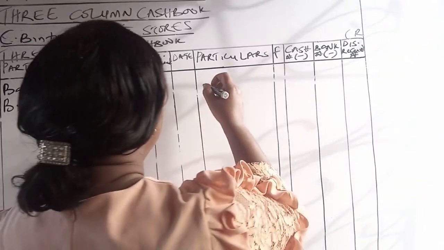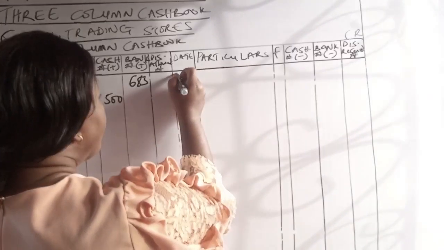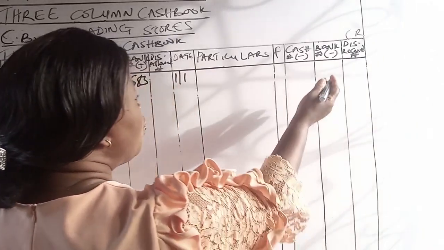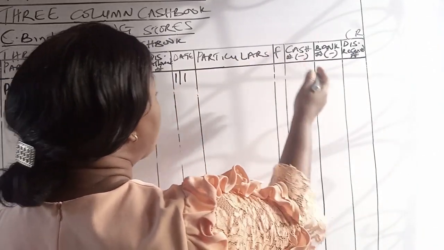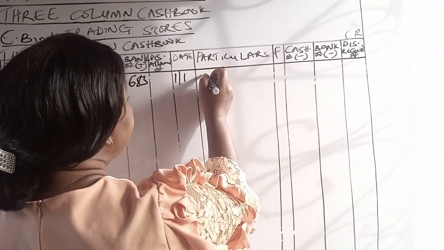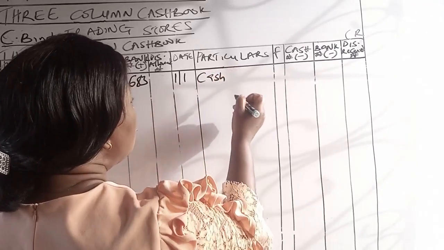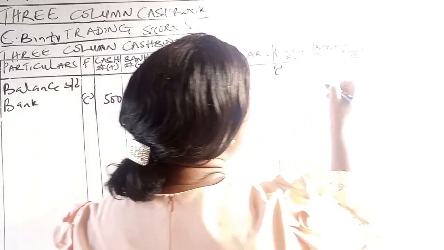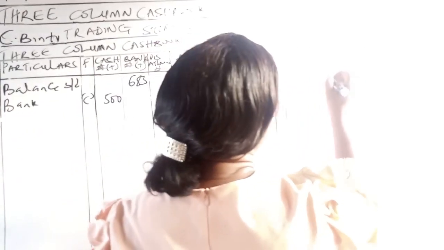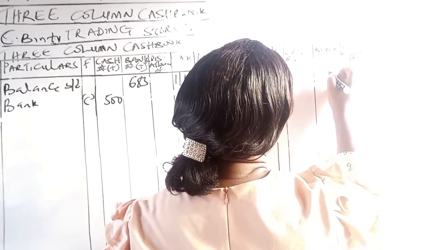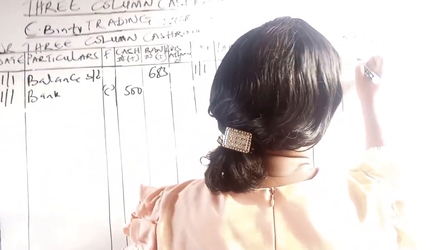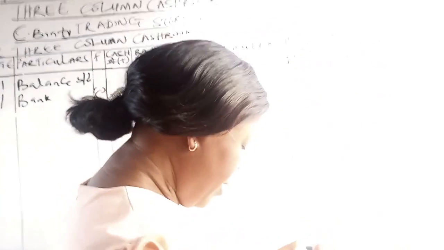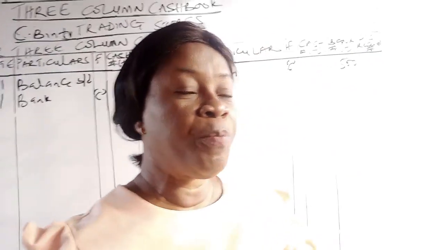But on the other hand, we go to the credit side, we write the same date, but since the money was moved from bank into cash, we write cash in the column for particulars to show that the money moved from bank was taken into cash account. That's why we have cash in the column for particulars. Then the amount will be written under bank column.